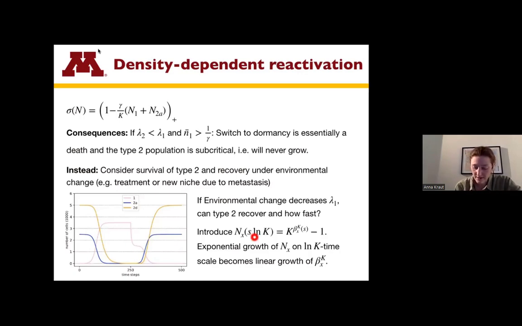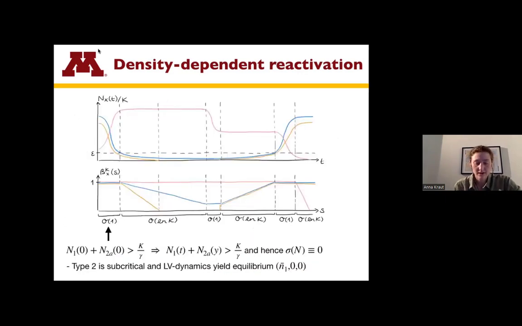And the nice thing is, if you look at a log K timescale here, exponential growth of these branching processes that we study for a small population then translates to linear growth of this exponent. And that allows us to draw nice pictures to study the growth and decay of populations, where here on the top is the original picture in terms of population sizes.